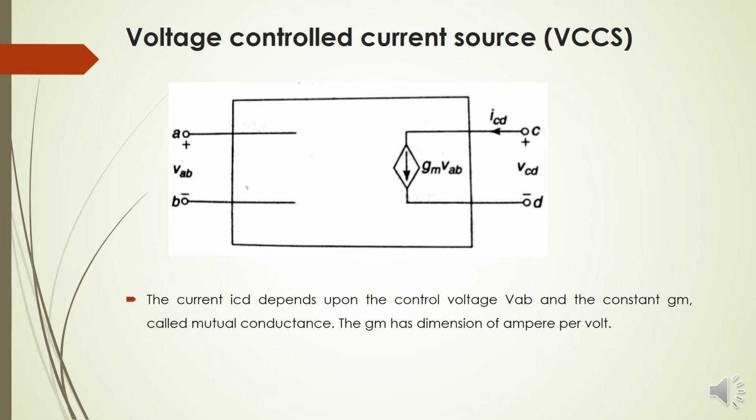The current ICD depends upon the control voltage VAB and the constant gm. This gm constant is called the mutual conductance, and it has a dimension of amperes per volt. The equation can be written as ICD equals gm times VAB.